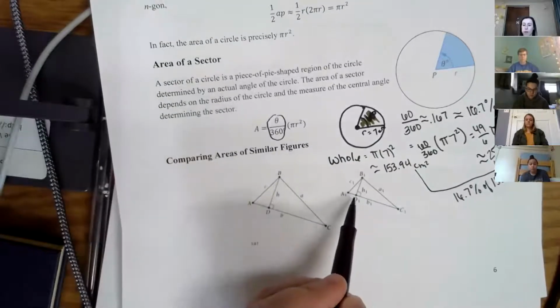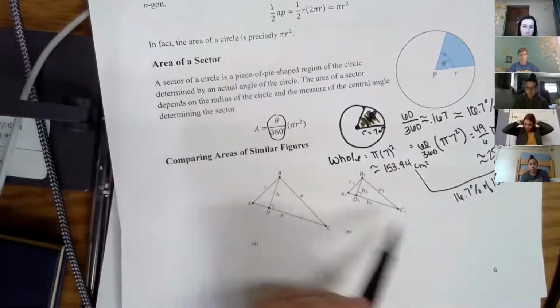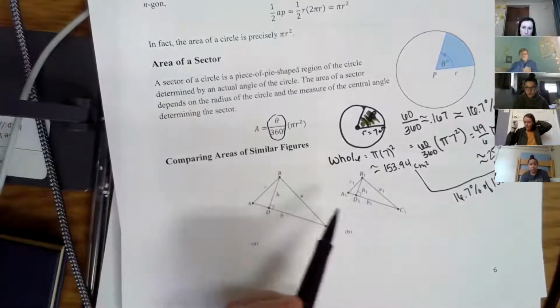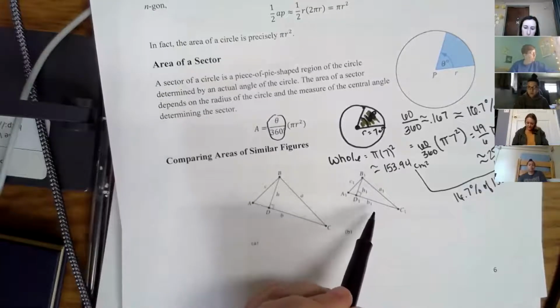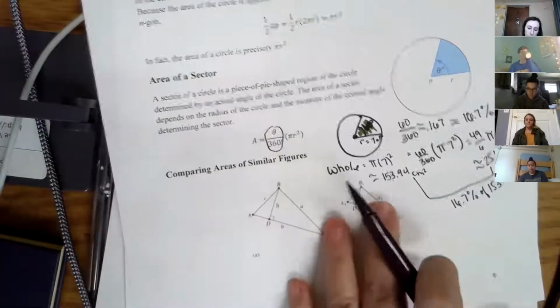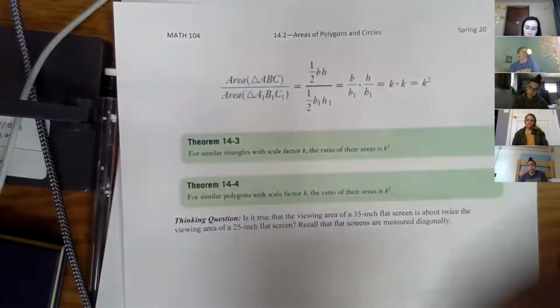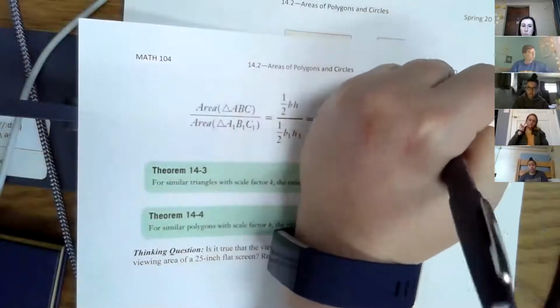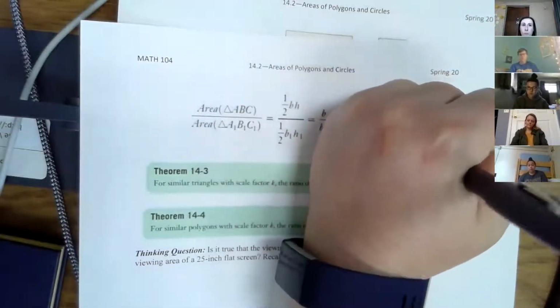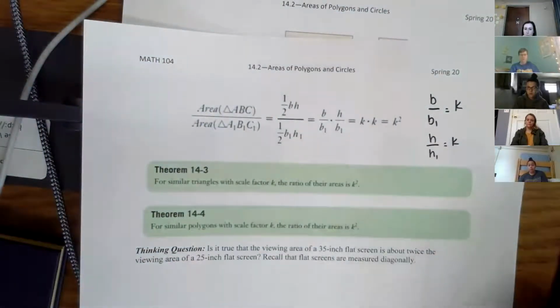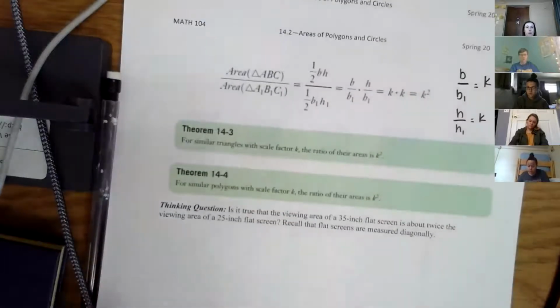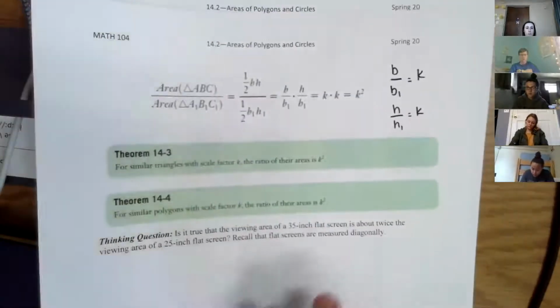This other triangle is similar, with a ratio of scalar K. So B divided by B1 gives me my K. If B divided by B1 equals K, or H divided by H1 equals K, that's because when they're similar, the ratio of those linear measurements is K.